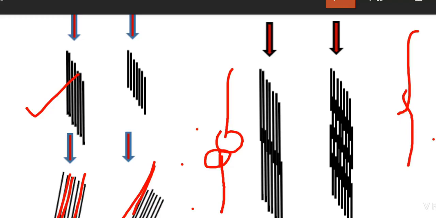When it comes to short fiber, for a given length of yarn, the condition is something like this. This is first fiber, second fiber, third fiber, fourth fiber, say fifth fiber. Now wherever a fiber is ending in that region, you may get protruding fibers out of the yarn body.